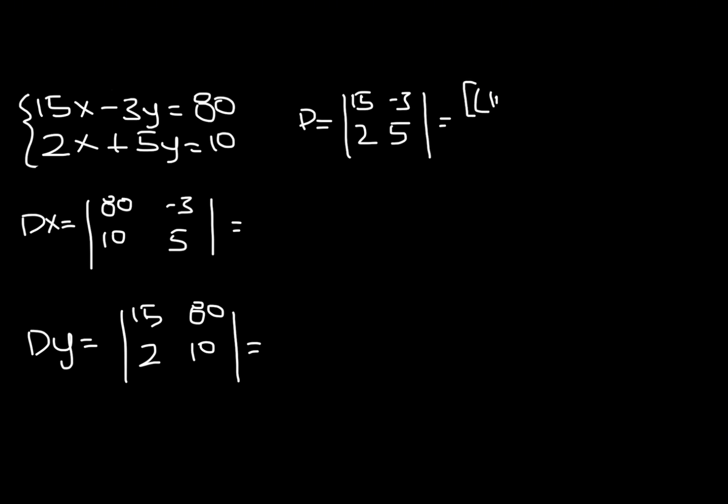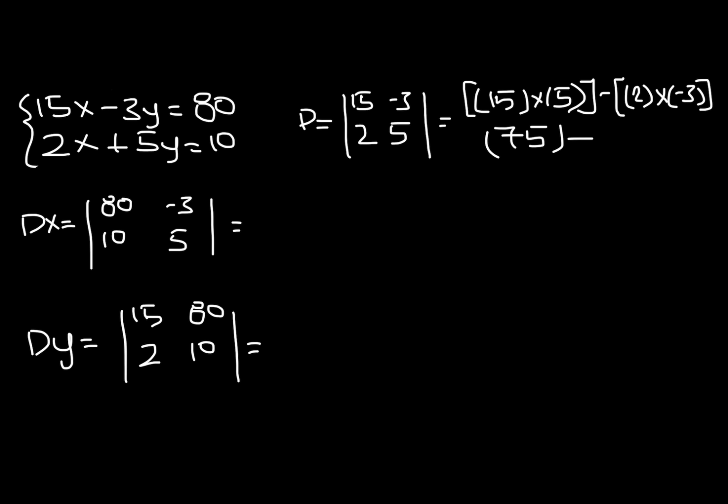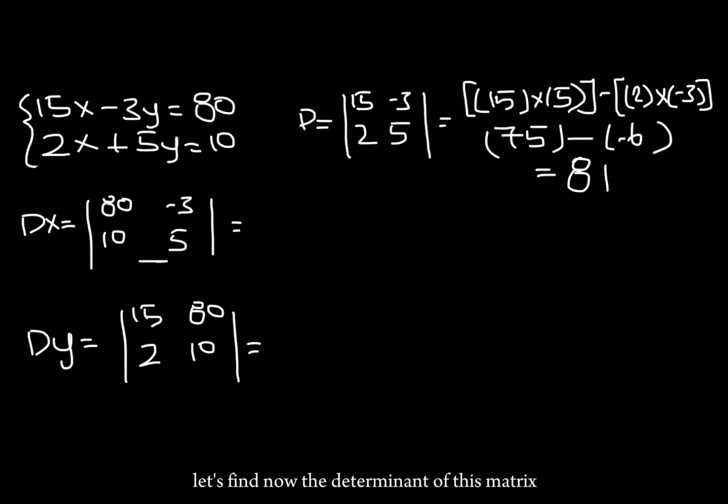Therefore, 15 multiplied by 5, take away 2 multiplied by negative 3. 15 multiplied by 5 is 75. Take away 2 multiplied by negative 3, and that is negative 6. 75 take away negative 6 is 81.